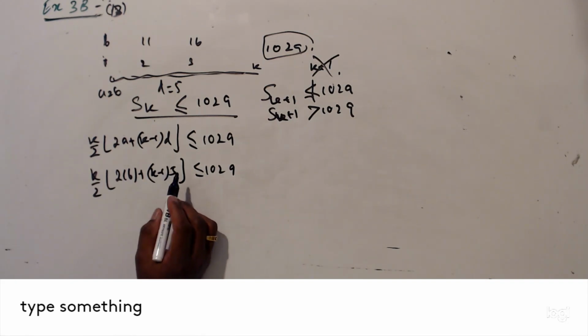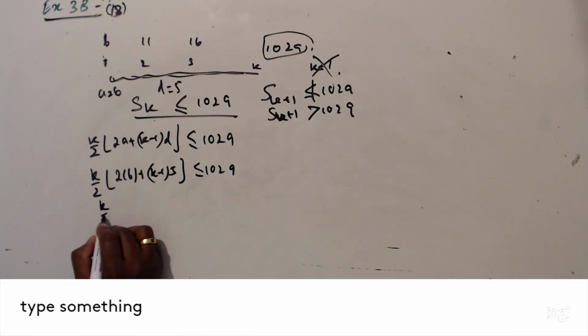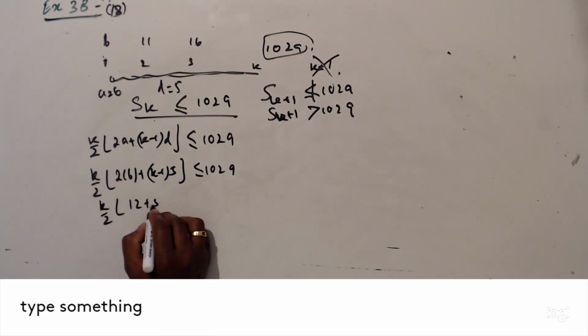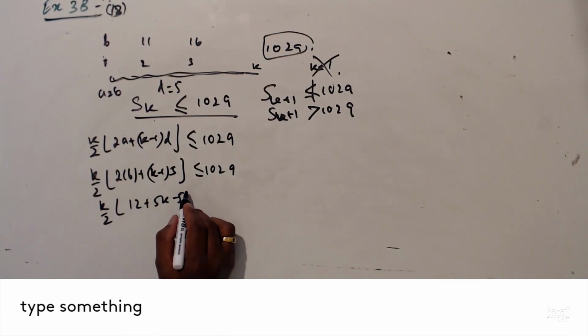K over 2, this is 12, this is 5k minus 5.